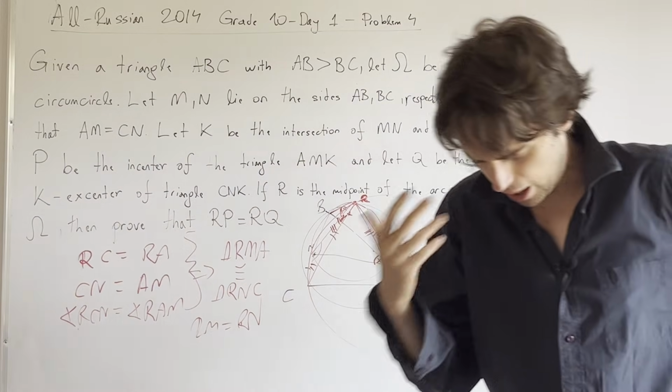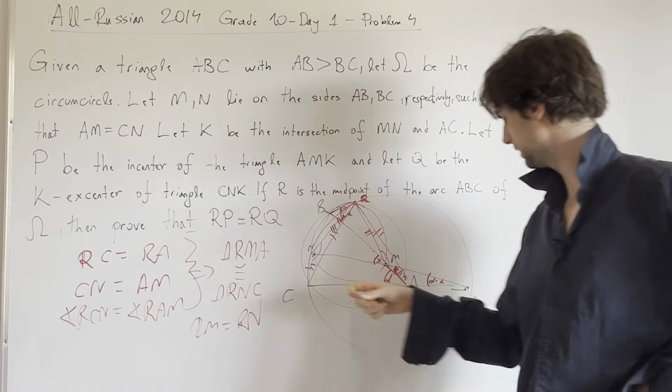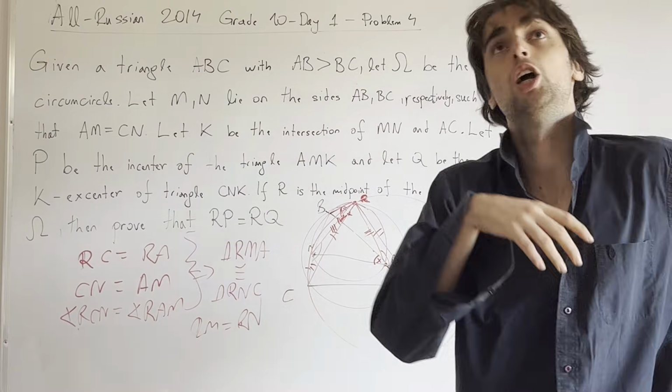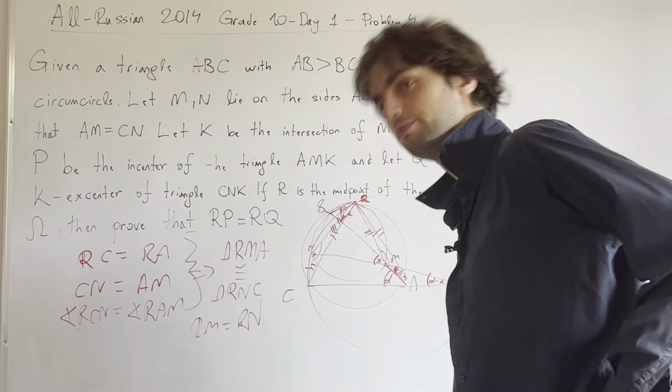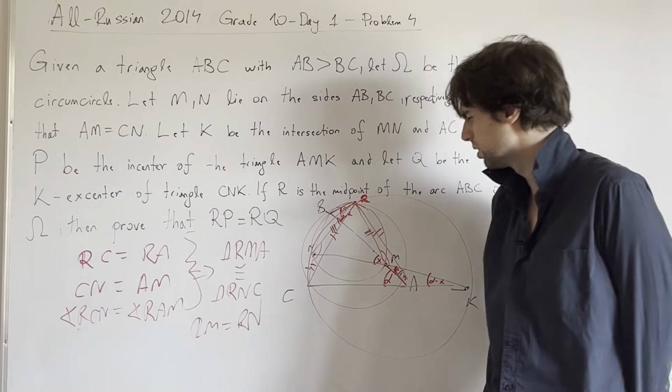And if you think about it, pause for 10 minutes and think, if you know that R, N, C, K are concyclic, what else should you be able to know? Okay? And the answer to that is, well, here's the thing.